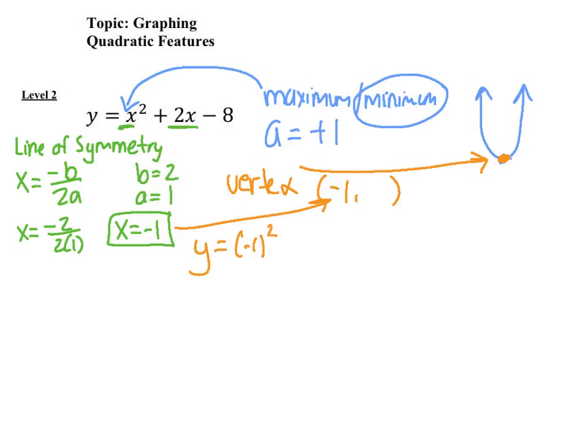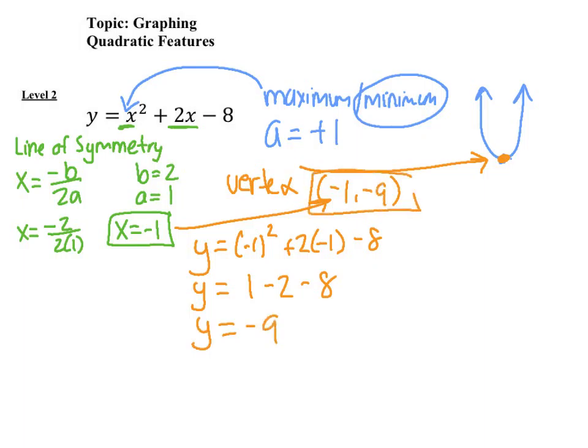So I have y equals (-1) squared plus 2 times -1 minus 8. When I simplify this, I get y equals 1 minus 2 minus 8. So now I get y equals -9. So that means my vertex is -1, -9.